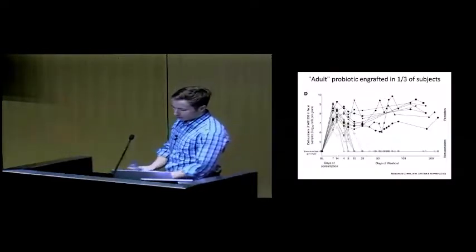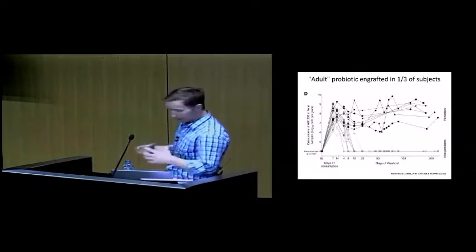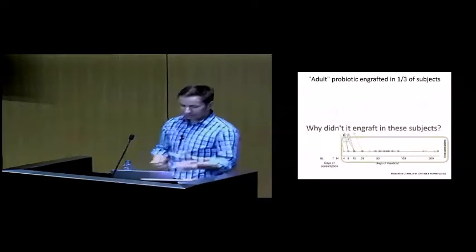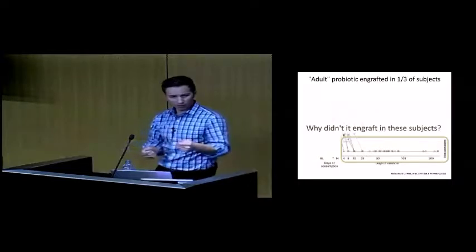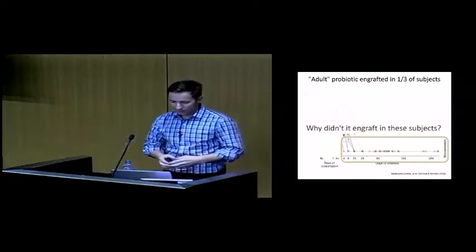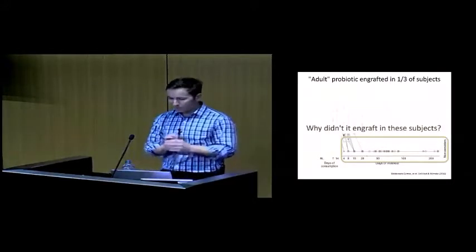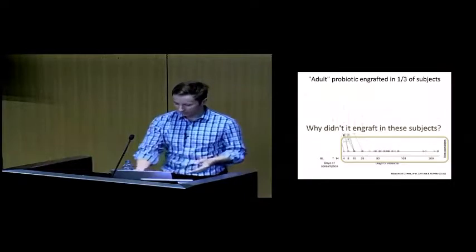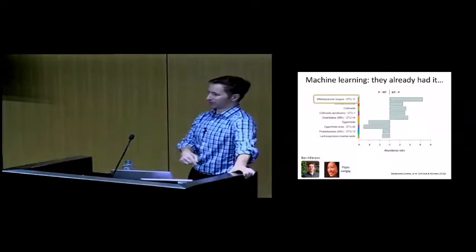And the question that they had then, and this is why they approached my lab, was could we help them understand why it didn't engraft in some subjects? Is there a reason why people were susceptible to this probiotic? So we ran similar machine learning tools, and the basic finding was that people rejected it if they already had one of those.